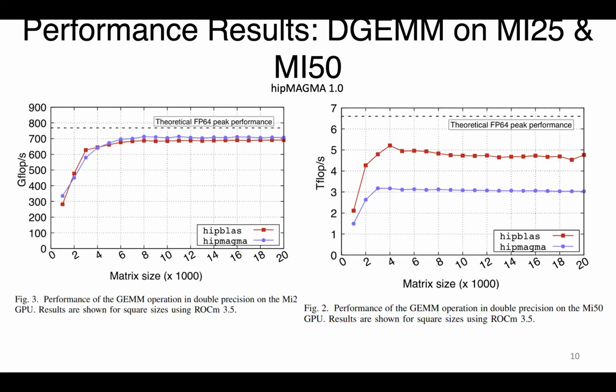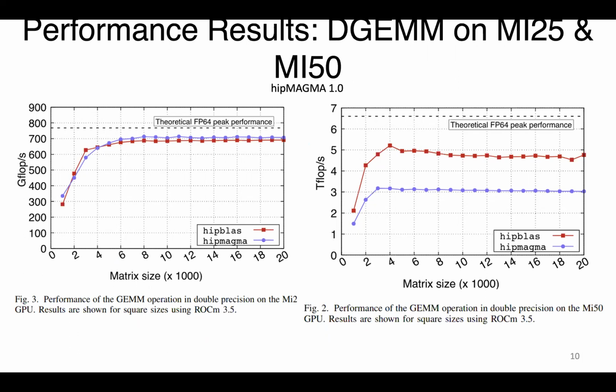You can see that the chart on the left shows the numbers in gigaflops, and higher is better. We are comparing the HIP BLAS versus the BLAS that is available in MAGMA, which we call HIP MAGMA. And you see that the performance approaches very closely the theoretical peak for matrices of sizes from about 1,000 to 20,000.